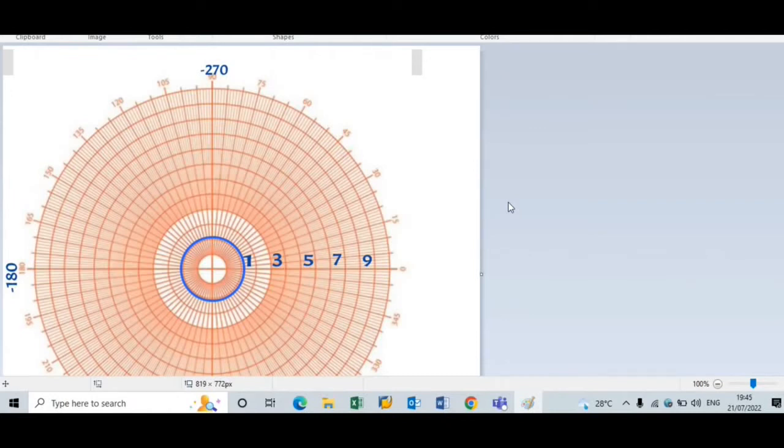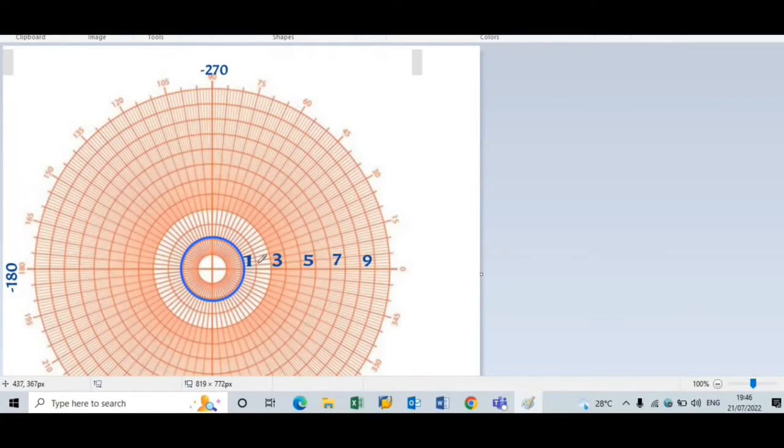The minimum magnitude is 0 and the maximum magnitude is 9.72, so we have to fit all these magnitudes within this graph. We choose a circle with magnitude 1, known as the unity circle, shown here in blue.